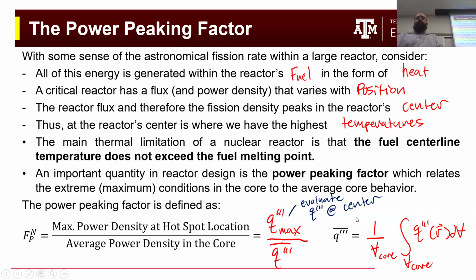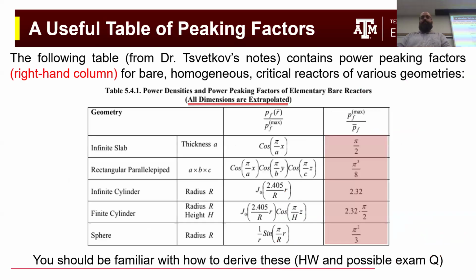And if you take the ratio of those two things, that's how you can get the power peaking factor for any simple geometry. So just like there's a list of those CFEs for every kind of geometric shape, there's also a list of power peaking factors for every shape. This table comes from table 5.4.1 from Dr. Svetkov's notes.